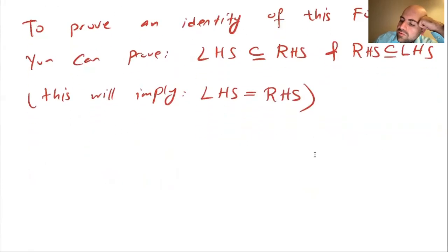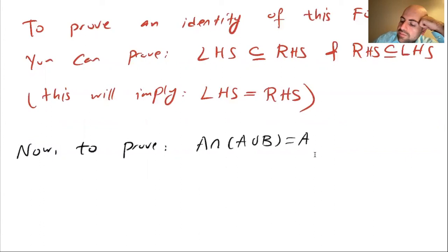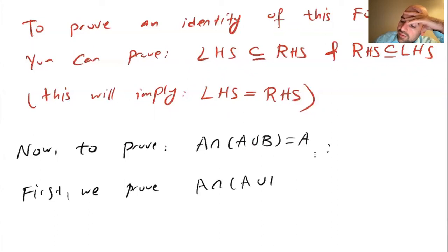So to prove A intersection (A union B) equals A. We said we have to prove two things: left-hand side is a subset of right-hand side, and right-hand side is a subset of left-hand side. First, we prove left-hand side is a subset of right-hand side.